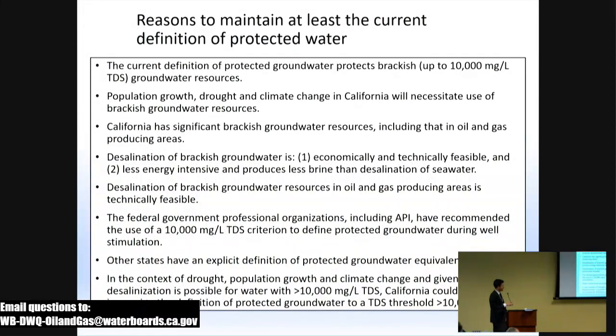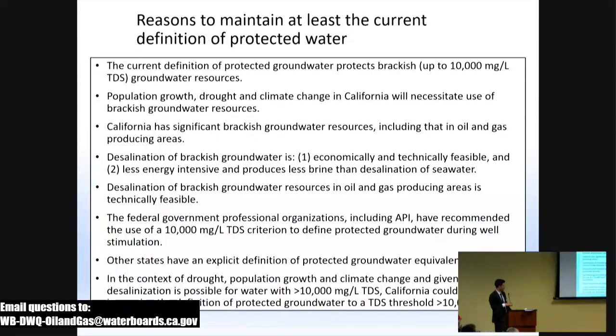Population growth, drought, and climate change will certainly necessitate the increased use of brackish groundwater resources currently and into the future. California has significant brackish groundwater resources, including in oil and gas producing areas. Desalination of brackish groundwater is economically and technically feasible, less energy intensive, and produces less brine than desalination of seawater. We heard a little bit about that in Peter's talk.